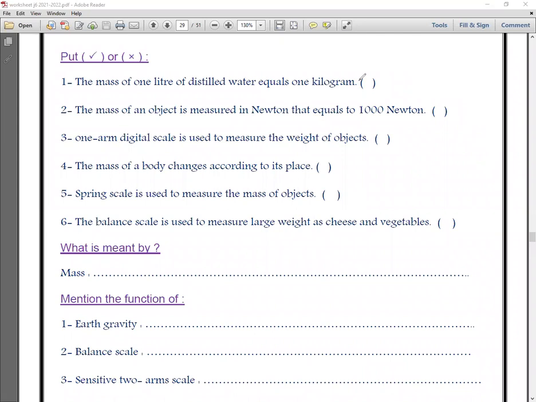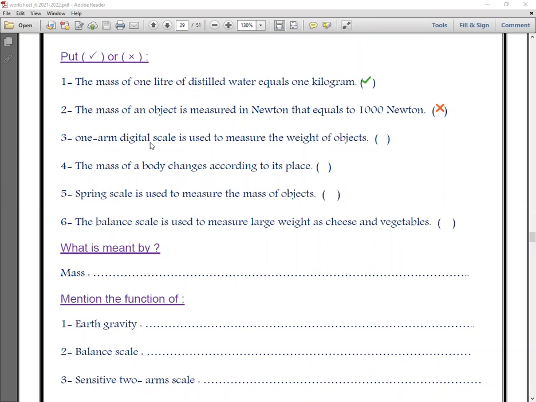Yes, this is right. Number 2, the mass of an object is measured in Newton. No, the mass is not measured in Newton, the mass is measured in gram. That equals 1000 Newton? No, so this sentence is wrong.